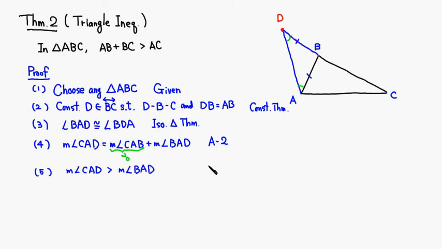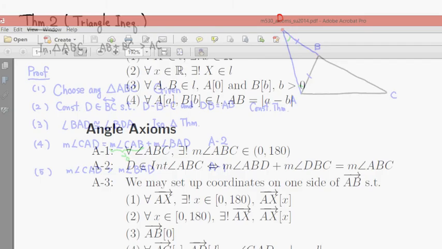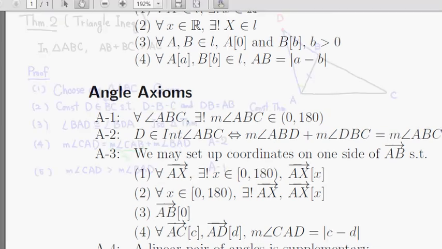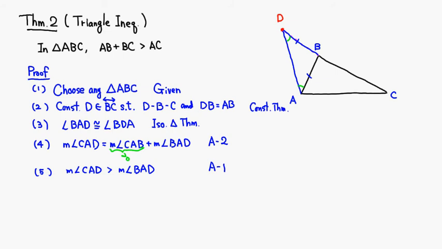This is by A1. A1 said that the measure of an angle is strictly between 0 and 180, so it's always positive. So we have that.